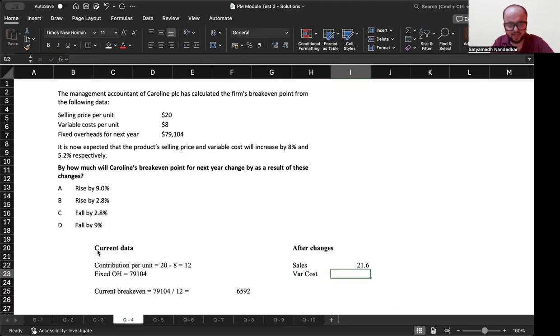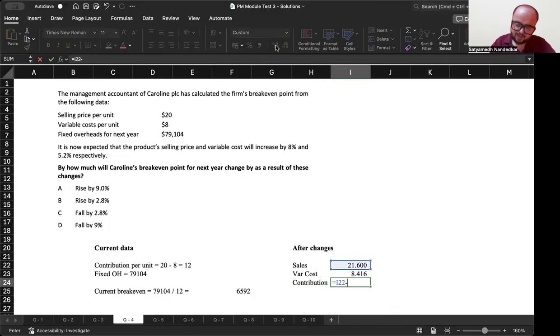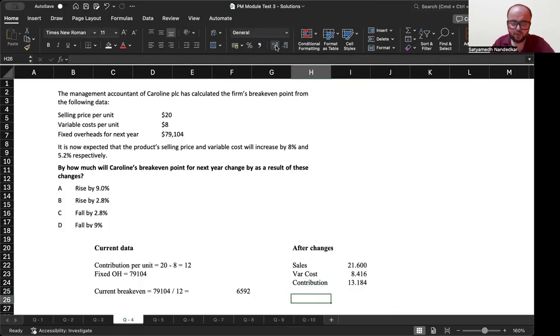Earlier it was 8, now it is 5.2%. So 8 plus 5.2% of 8. Okay, you have 8.416. Now, with this information, how much is your contribution? Your contribution is 21.6 minus 8.416, 13.184.